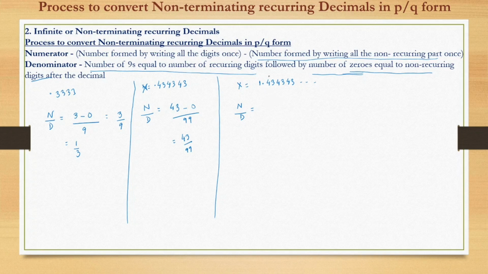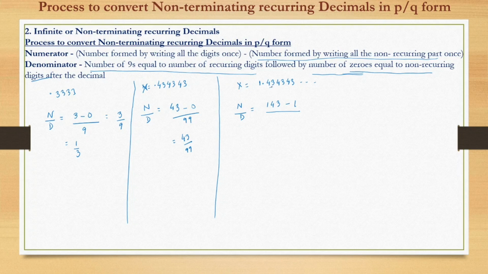We have 1, 4, and 3, and the rest is repeating. So we write 143 minus... Now what will we subtract? The number formed by writing all the non-recurring parts. In this number, how many digits are non-recurring? 4 is recurring, 3 is recurring, only 1 is not recurring. So we subtract 1.